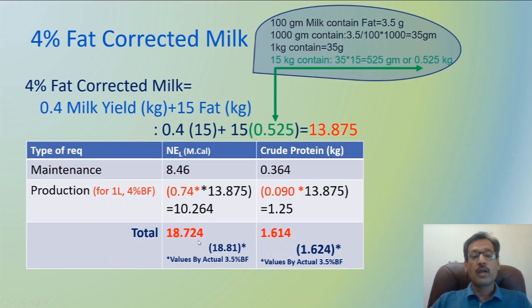So if you look after conversion, there is a little difference in the value, 8.7 or 8.8, 1.61 or 1.62. It means either we use the table or we use the way that I have developed, we almost have the same value for our animal, and there is a little difference in the actual given values in the table and what we have calculated.